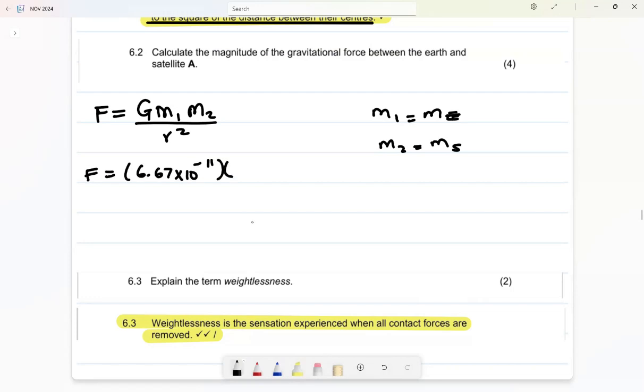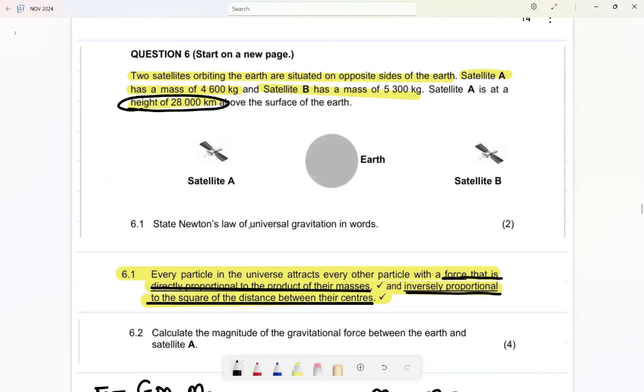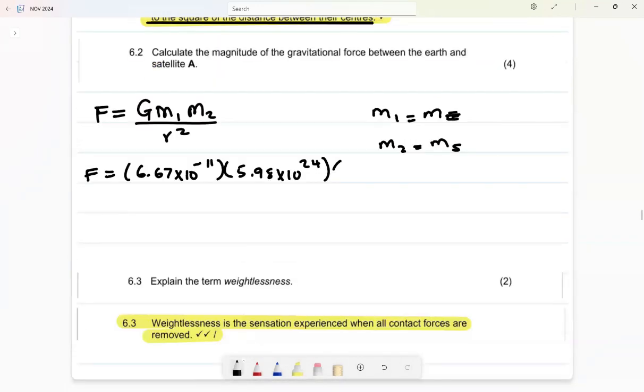Mass of the Earth, we know that from the formula sheet, is 5.98 times 10 to the power of 24. Mass of the satellite A we are given to be 4,600 kg. And then I need to divide by what? By the radius. But now the radius, the first one is going to be the radius of the Earth.